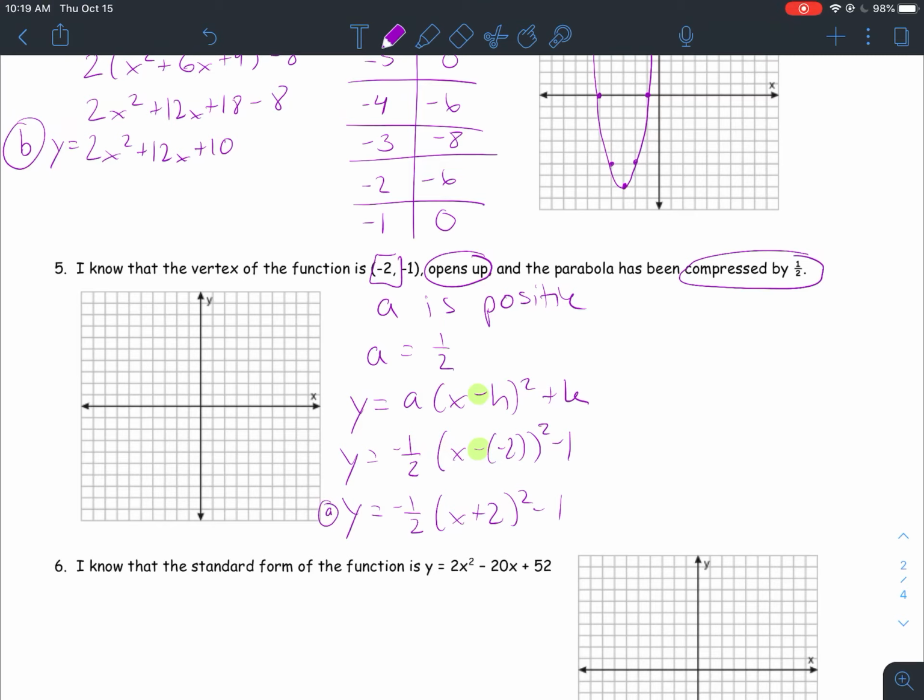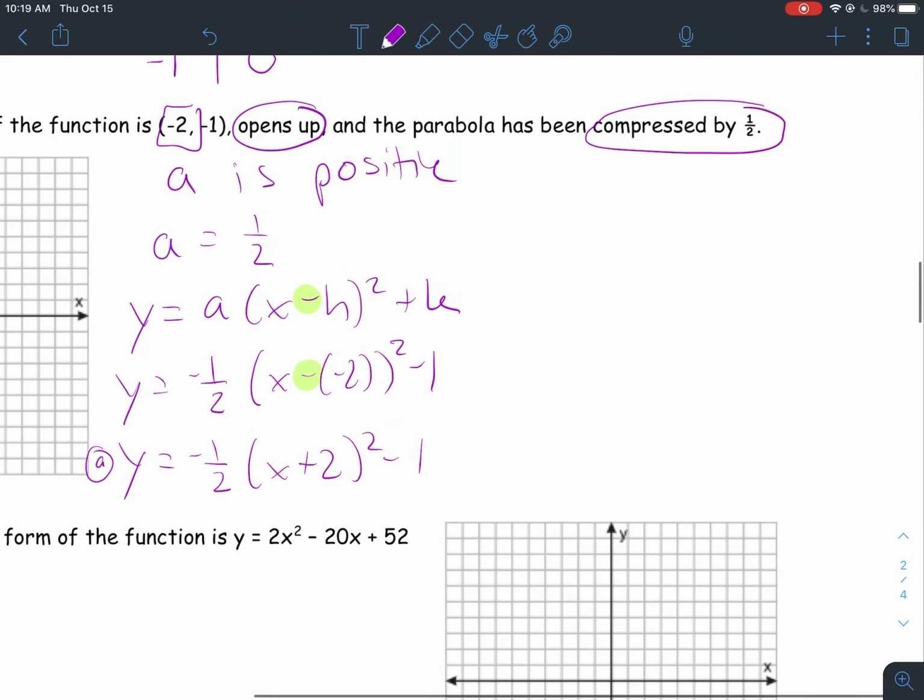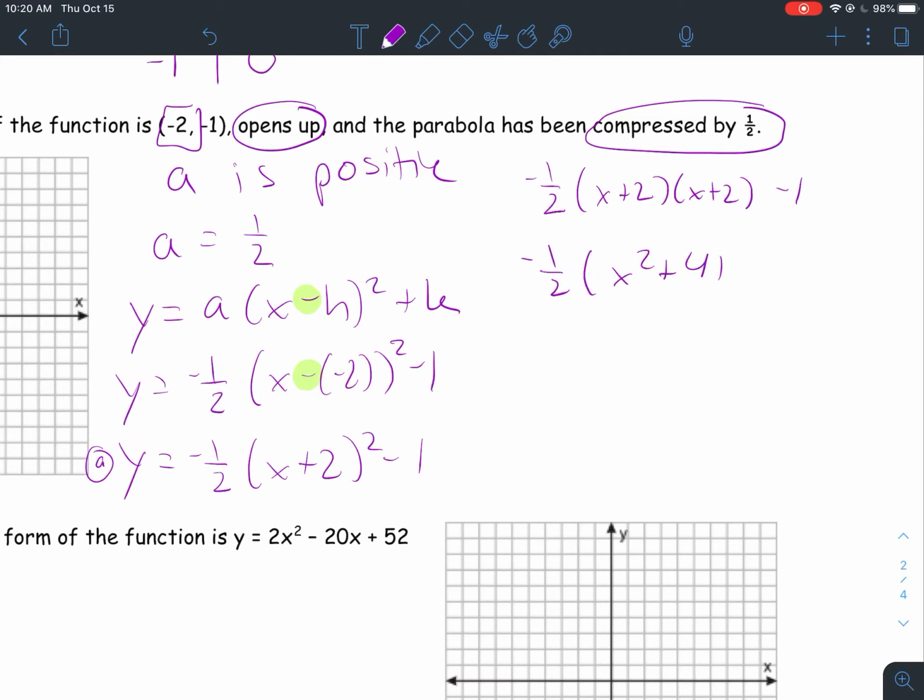That's our vertex form. So now we need to go ahead and get our standard form. We're going to FOIL this out and combine like terms. When I do that, I get −1/2 (x² + 4x + 4) − 1.